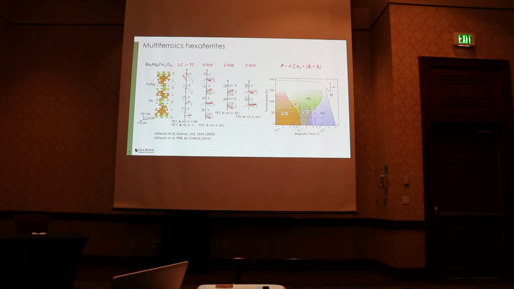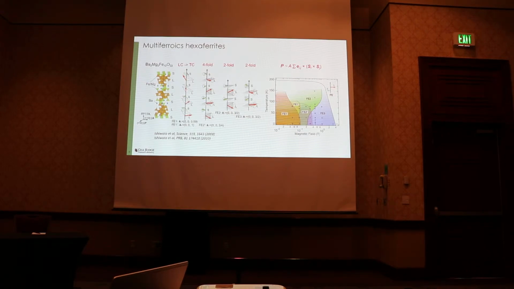In this Y-type hexaferrite, they have three layers that rotate 120 degrees, giving a handed structure. One interesting thing is that at zero field, the proper screw is a helix. At low temperature it gives a centrosymmetric structure, because the spin rotates along the axis, so there is no ferroelectricity.